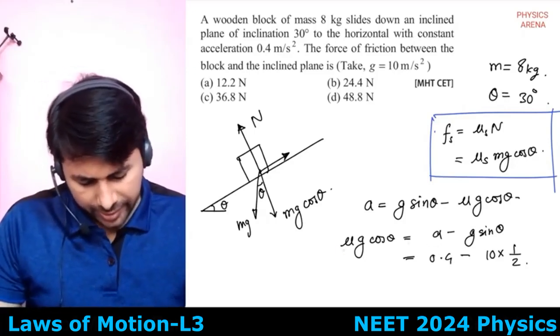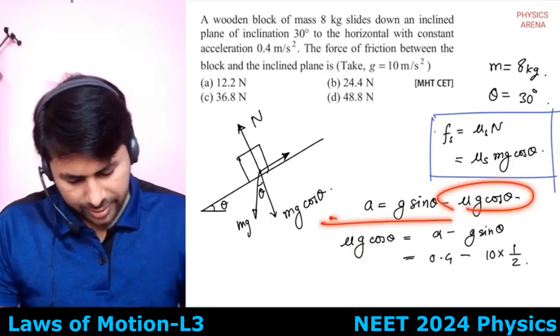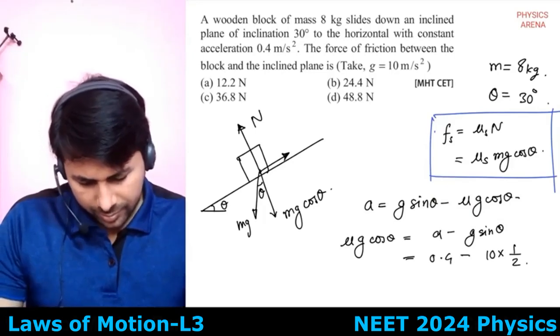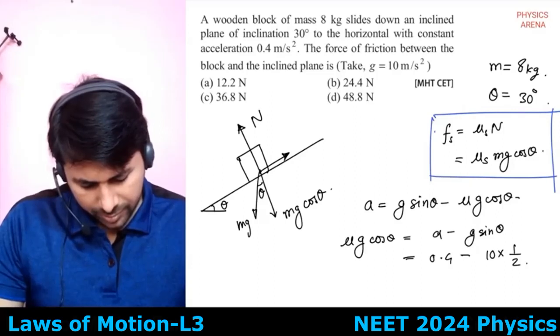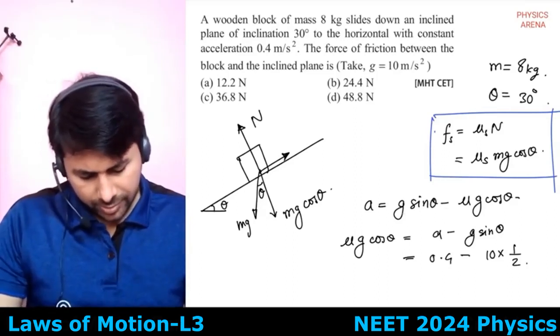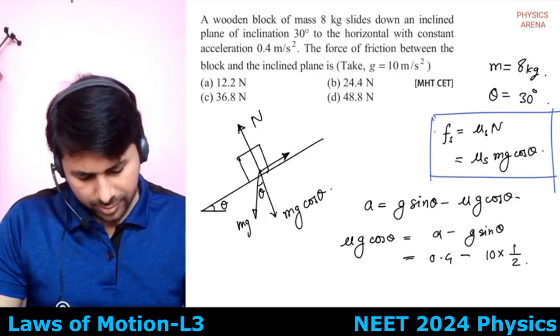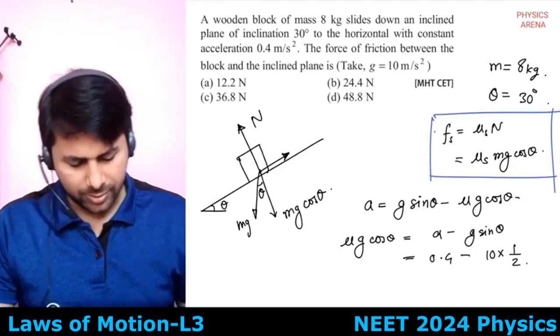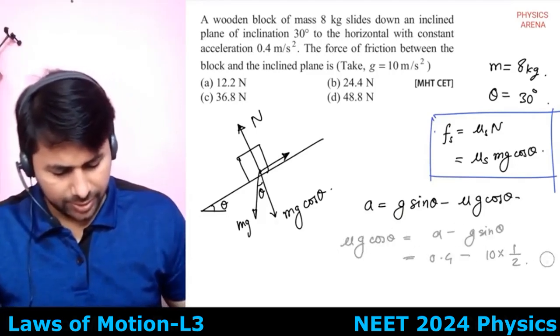By doing some mistake, mu g cos theta will be equal to... no, no, no. Yeah, I have done a mistake.